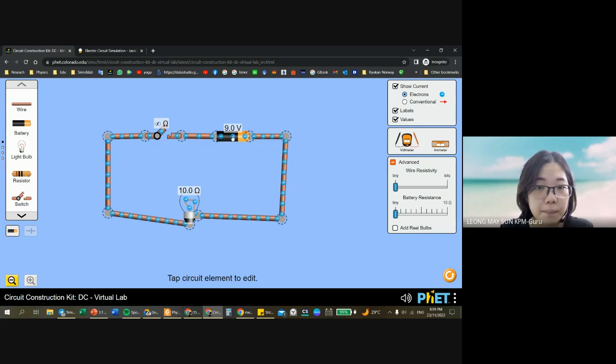So the voltage of the battery is 9 volts, but because the circuit is still an open circuit, the switch is still off, the electron charges cannot move around. The light bulb cannot light up. So I'm just going to very quickly put an ammeter over here to show the value of the current flowing. There's no current flowing, so that's 0.000 ampere.